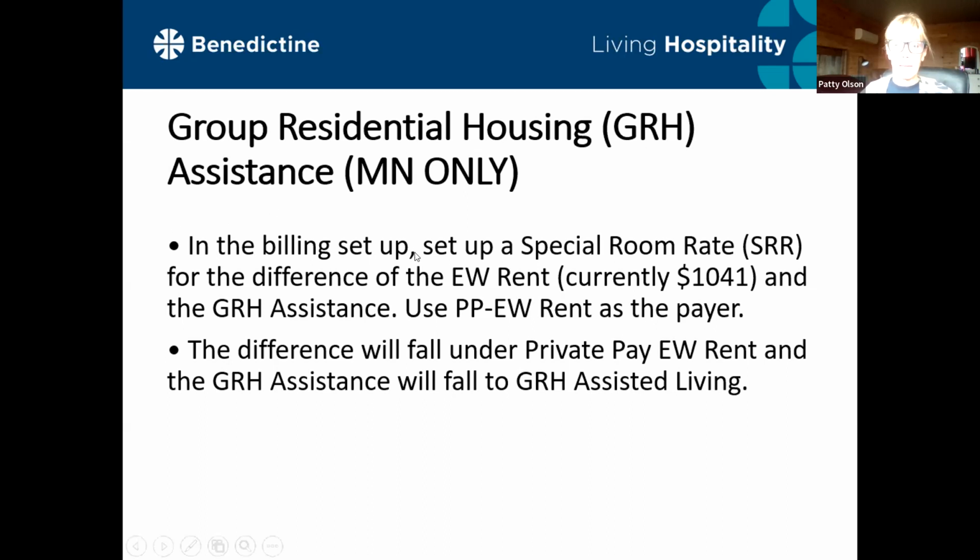And then use the private pay EW rent as the payer, like you would when they're EW. The difference will fall under private pay EW rent, and the GRH assistance will fall under GRH assisted living. But make sure that those two amounts equal the total rent. Currently, it's $1,041.